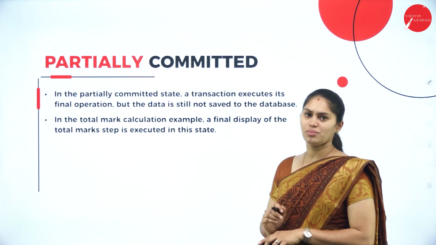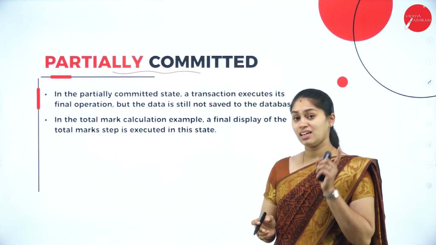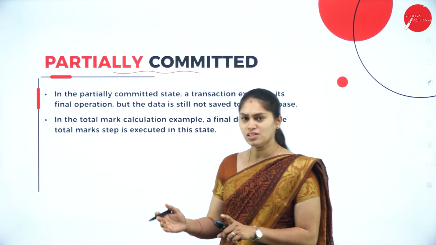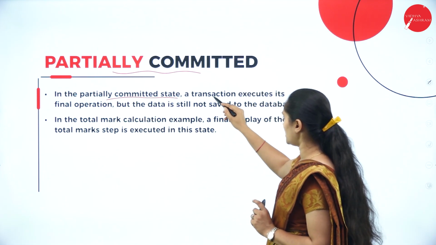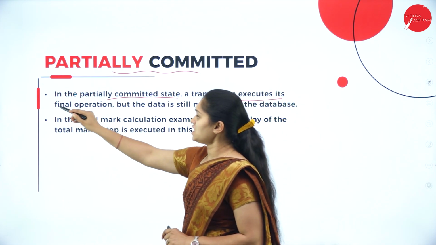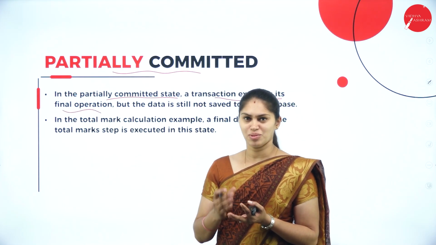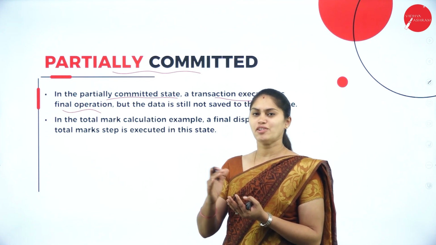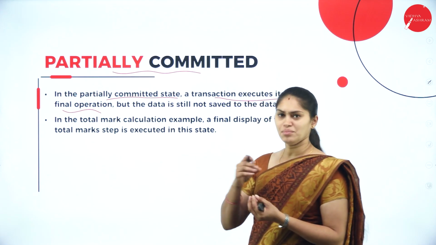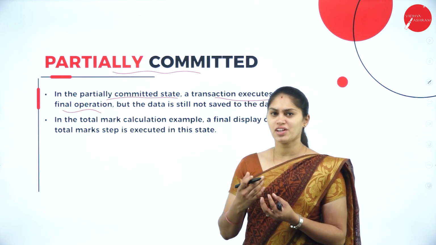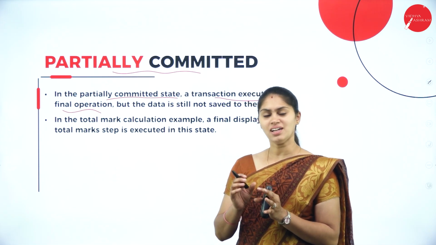Then when it is going to be saved, it comes to the partially committed state. Here also, I am not going to save the content. Why? Because in the partially committed state, the transaction executes its final operation. If you take the example, you take your mobile and open an app for an online transaction. At that time, you enter the amount and the recipient, and also your password.